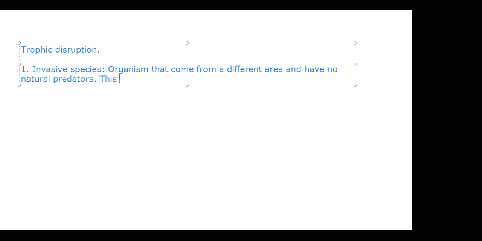Okay, this leads to them outcompeting native species. Okay, so we have organisms that come from different areas, they have no natural predators, and they will outcompete those species. Okay, can anybody think of an invasive species off the top of your head?